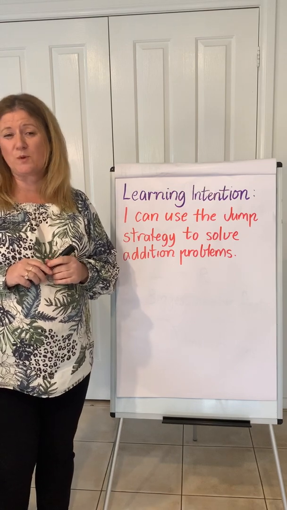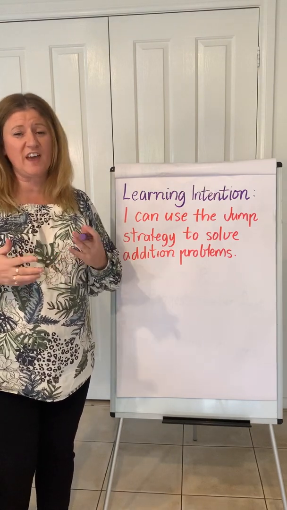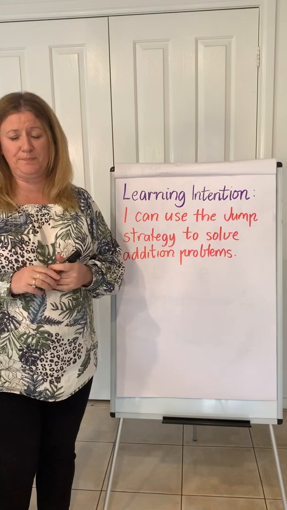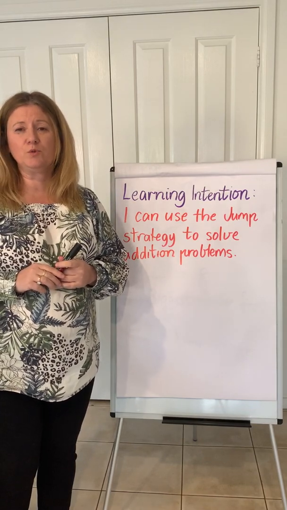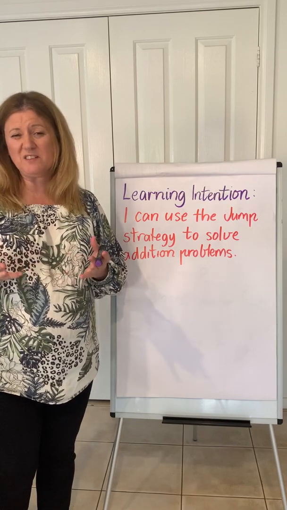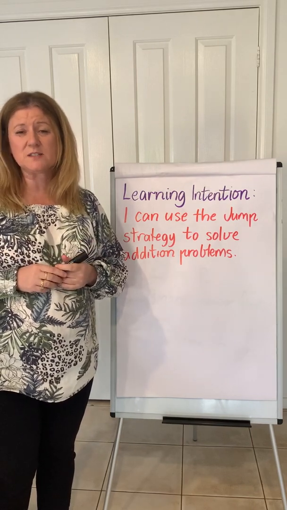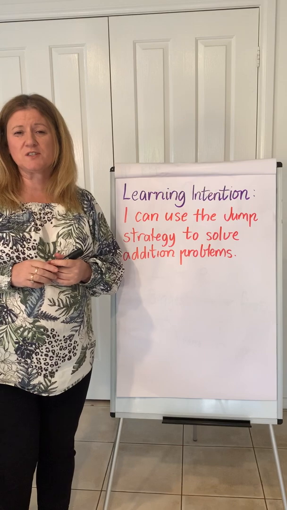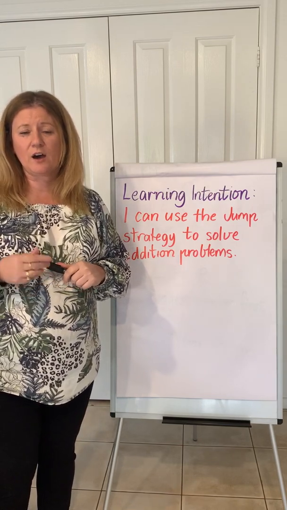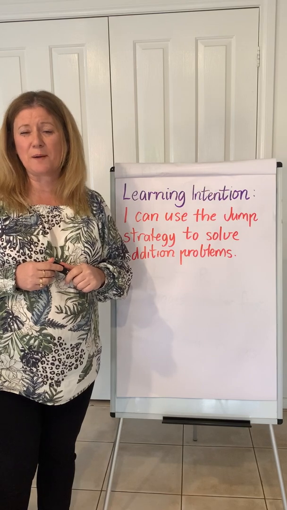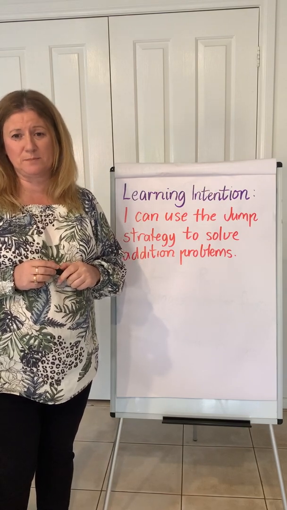You might want to start with one column, and then once you've got the hang of it, move on to the next one. I would like you to spend the next 20 to 30 minutes, after you've chosen which column you're comfortable with, having a go and doing a minimum of 8 sums.